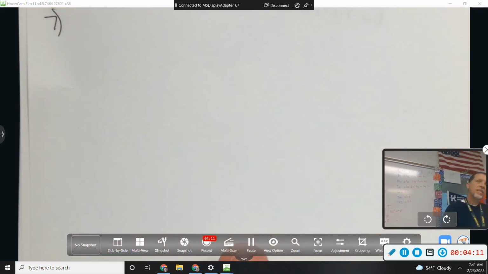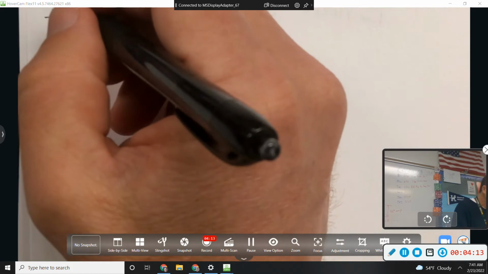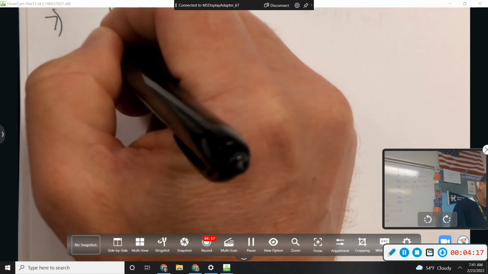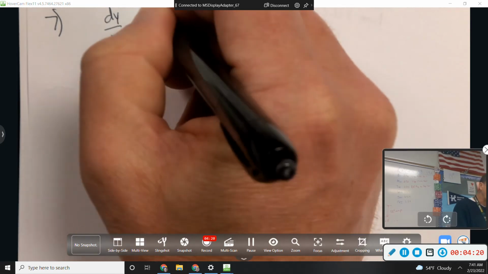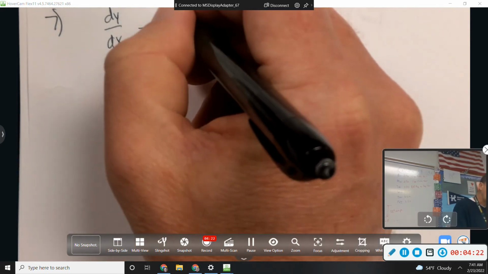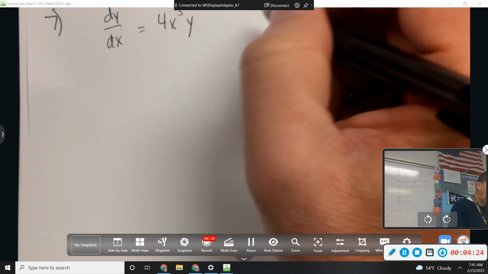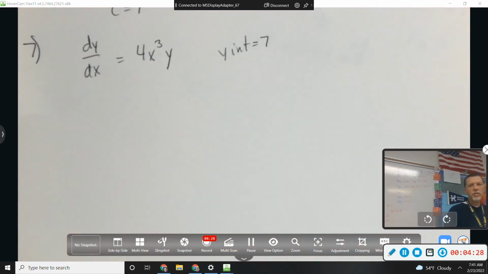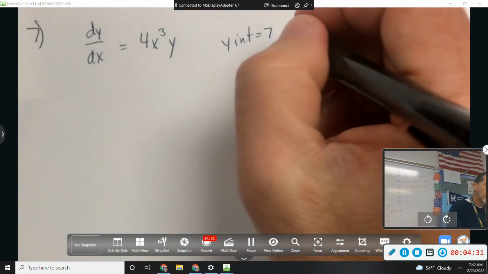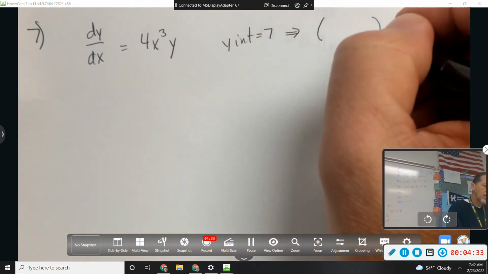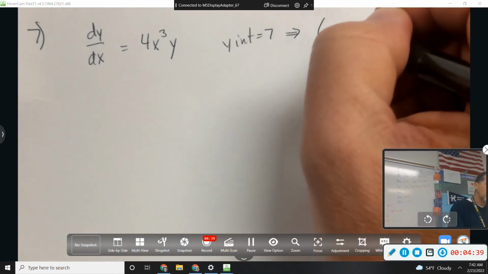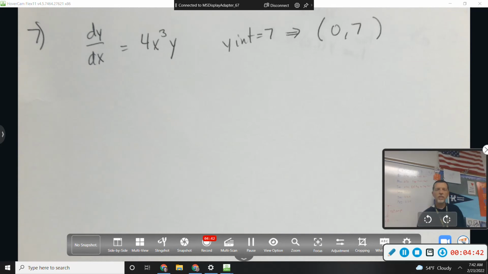Find an equation of the curve that satisfies... We try to write the problem a couple different ways, but they're all kind of the same. Whose y-intercept is 7. Okay, well, why don't we just translate that to a point? If the y-intercept is 7, what point is that? (0, 7). So it was just a different way of giving you a point.